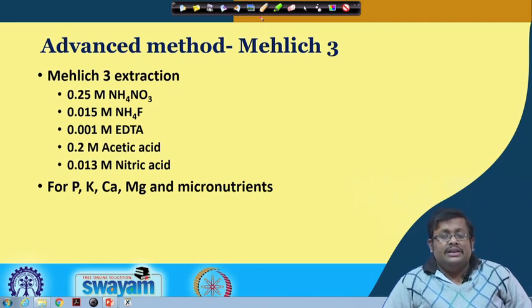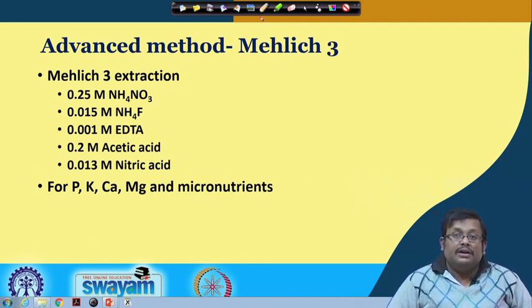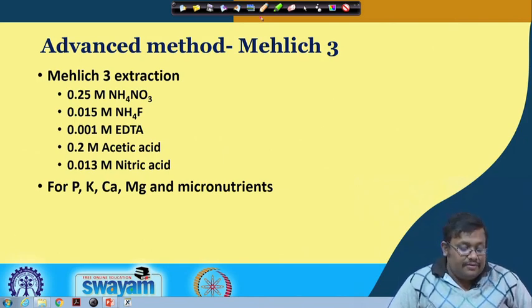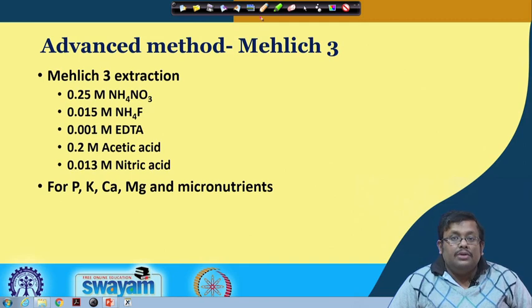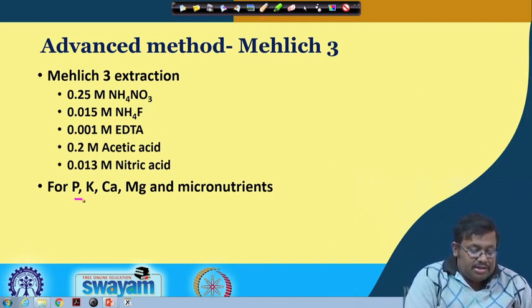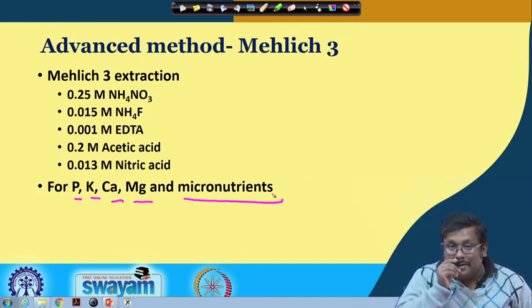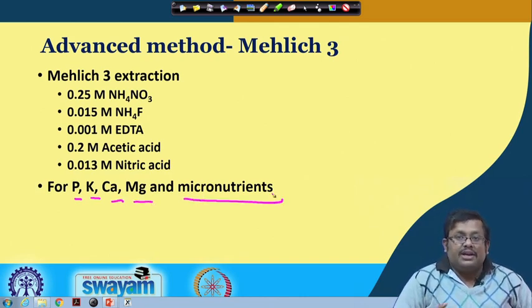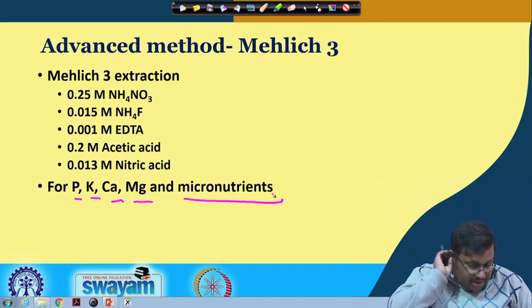However, there is an advanced method we call Mehlich 3 extraction, which is basically a combination of different chemicals. It helps in extracting not only phosphorus and potassium but also calcium, magnesium, and micronutrients. So it is a very comprehensive method for extracting different available nutrients.